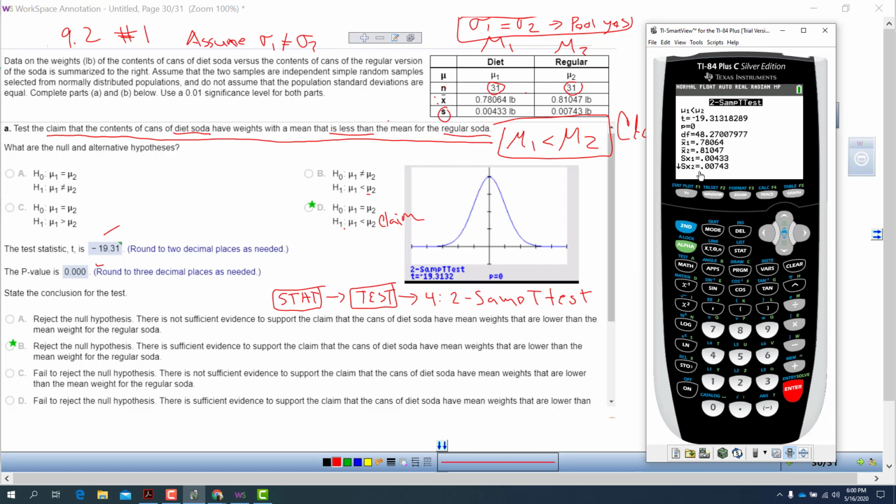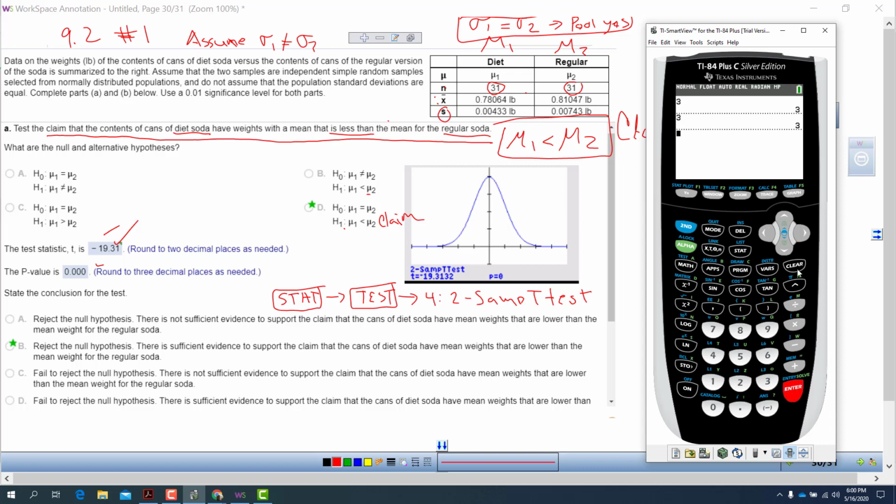Or we can select draw. You select draw, you get this shape. You can calculate. You get the test statistic right here, which is this number, and you get the p-value, which is 0. Again, if you do the same, stat, test, number 4, but you select draw at the end, what you get is this picture right here.